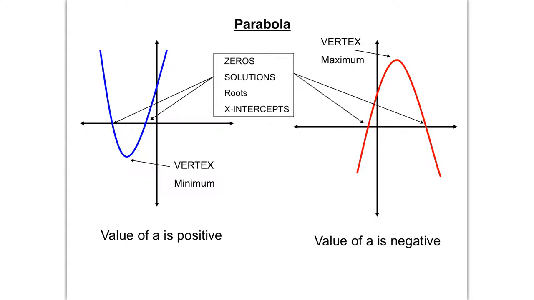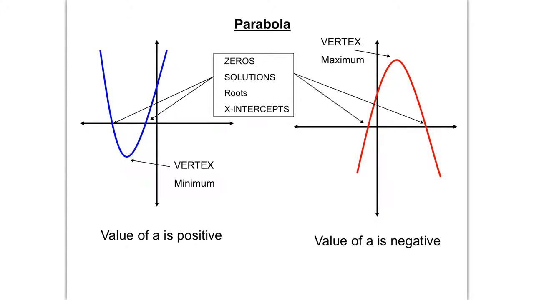How do you know which direction the parabola is going? Just by looking at the equation, the function, you can tell me the direction by looking at the value of a. And the value of a, if it's positive, then the parabola is going up. If the value of a is negative, then the parabola is going down. So that's just the sign of the value of a. When the value of a is positive, my vertex is going to be the minimum point, which is the lowest point on that graph.